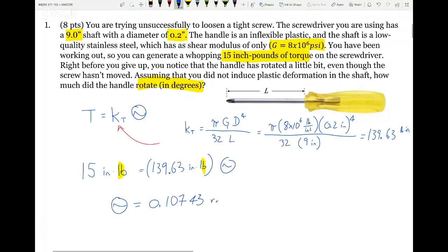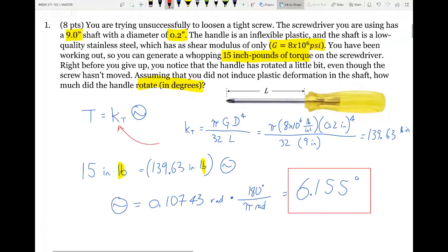Now this is going to be in radians, so we're going to need to convert this. We know that pi radians is the same as 180 degrees. Calculate this: 6.155 degrees. Okay, and that is our angle of twist.